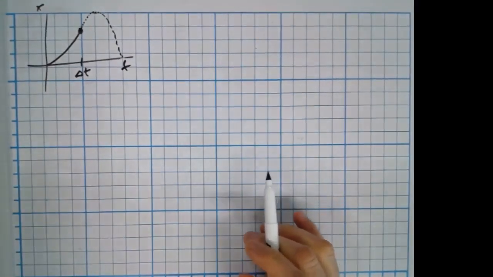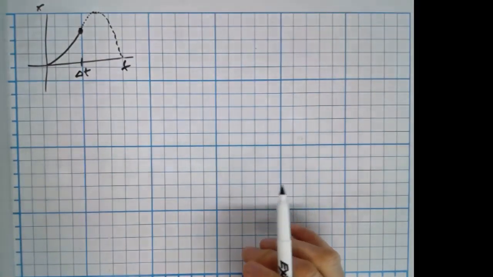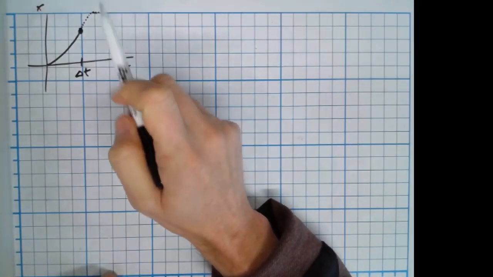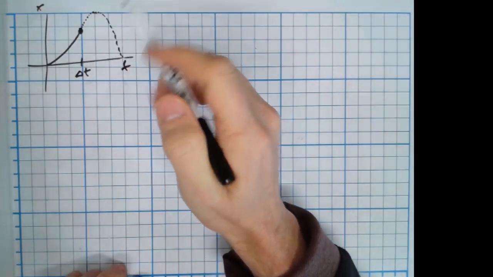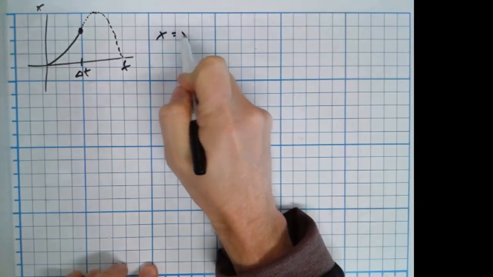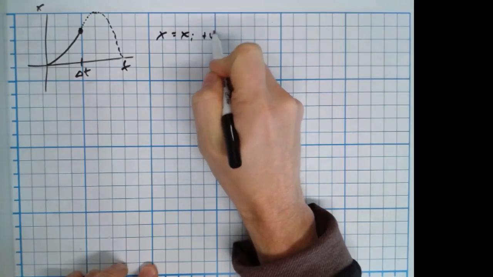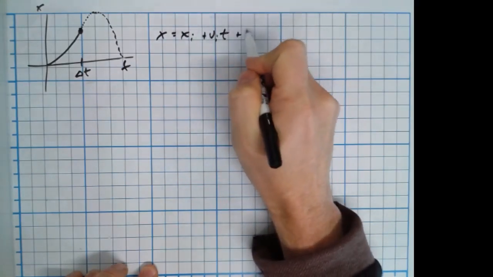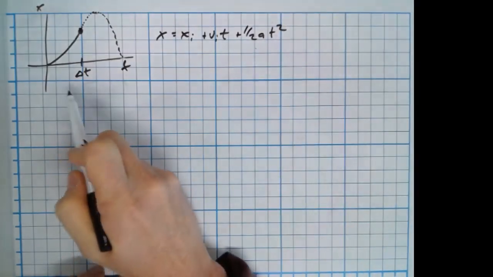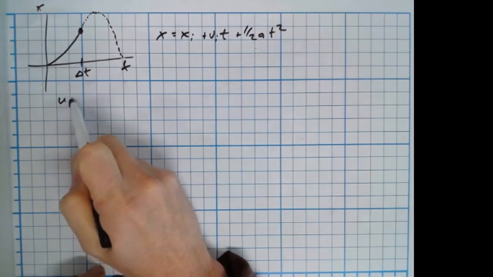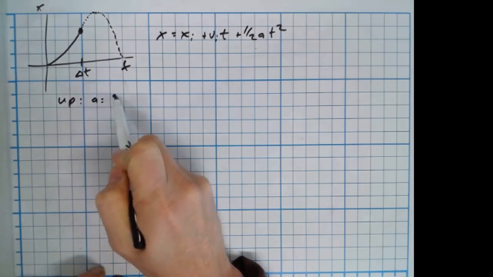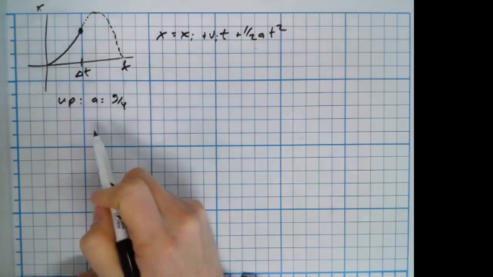All right, so we're going to write down some equations describing the position of the balloon on the way up and the position of the sandbag on the way back down. So we've got position on the way up is x initial plus v_i t plus 1/2 a t squared. And we were told that on the way up, the acceleration was g over 4.